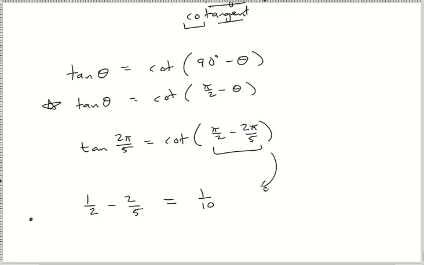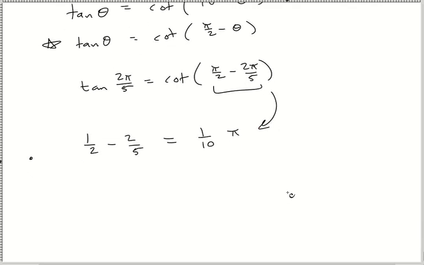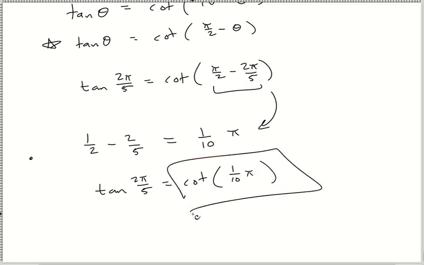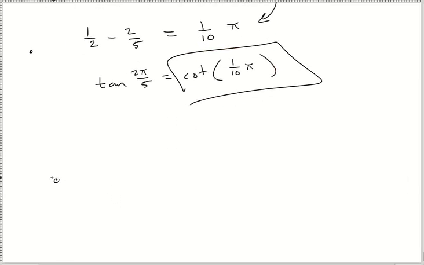And I'm like, oh wait, you're right. Ha, we have a pi. Silly me. So, tangent of 2 pi over 5 is equal to the cotangent of 1/10 pi or pi over 10 or whatever you want to put. Ta-da! All right, awesome. Just a formula, just a formula.